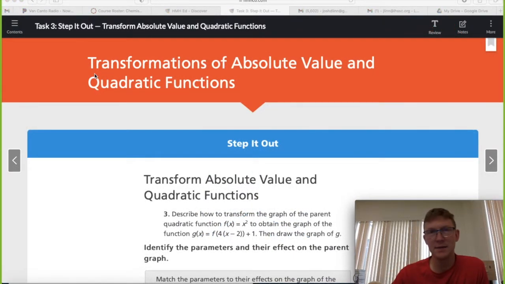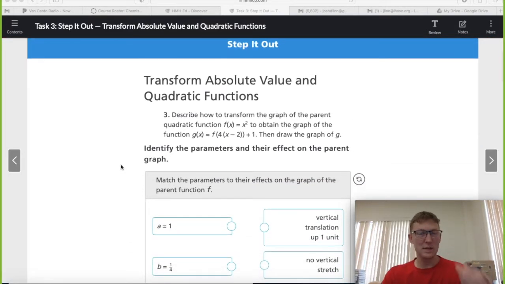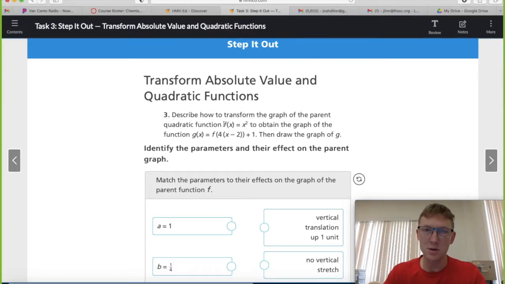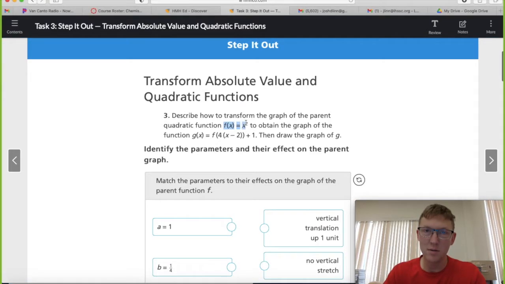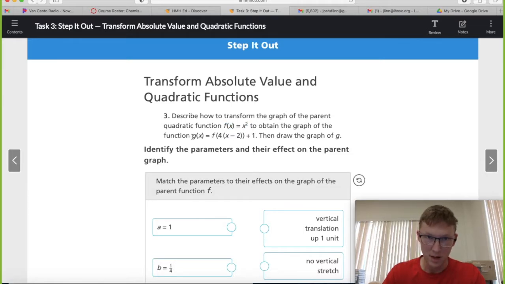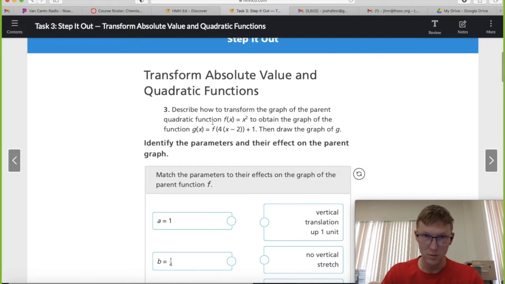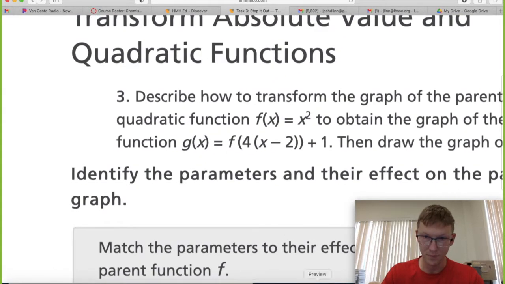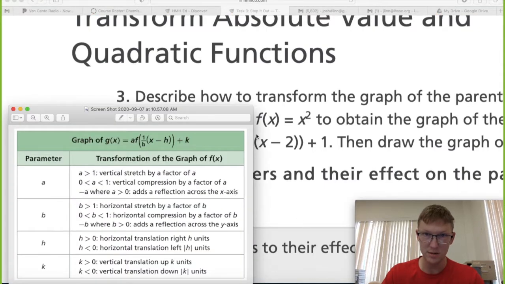I have an idea. Let's do the exact same thing with a quadratic function. That's where we're going with this. Let's take our quadratic parent function, which is f of x equals x squared, and figure out the transformations from that. We zoom in, pull out our little cheat sheet.